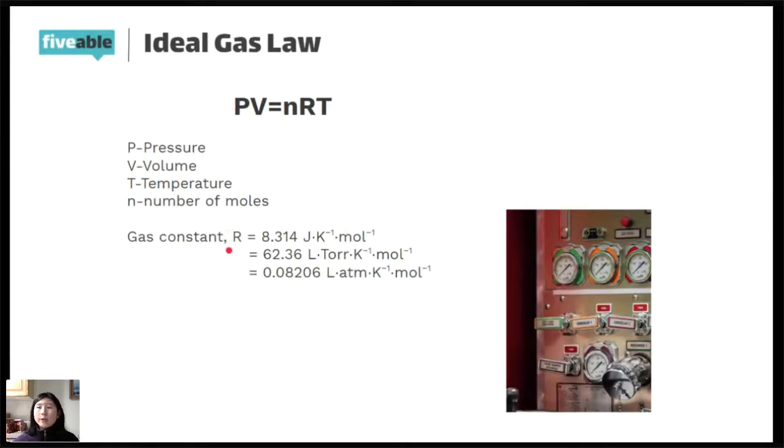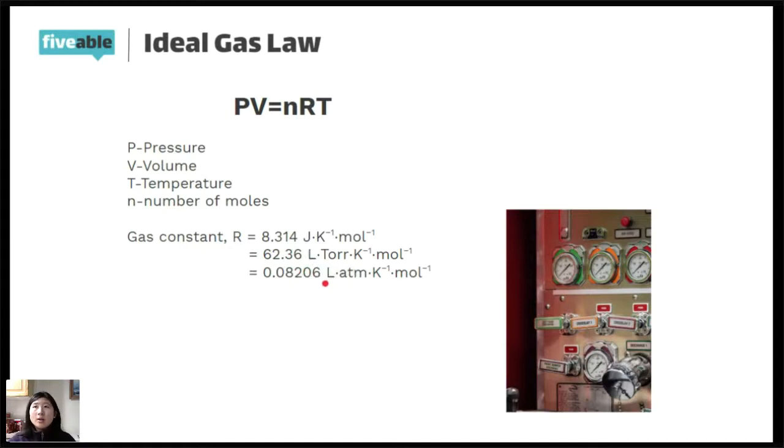Usually when we're plugging the gas constant into an equation, we look at what values we have in the equation as of now. Let's say you know what units you'll be using for the volume, the pressure, and the temperature.